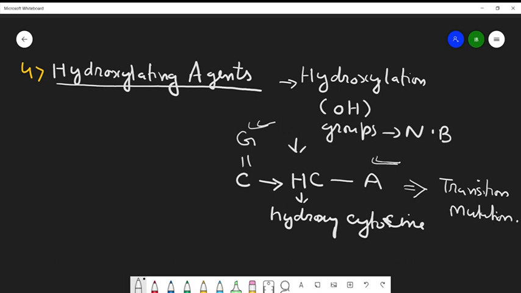For example, cytosine, when it gets hydroxylated, is called hydroxycytosine. Normal cytosine would have base paired with the guanine, but this hydroxycytosine, instead of base pairing with guanine, base pairs with adenine. Again, this leads to transition type of mutation.